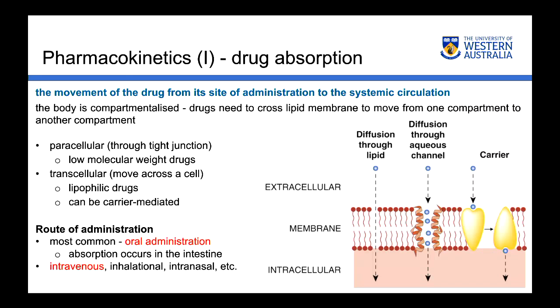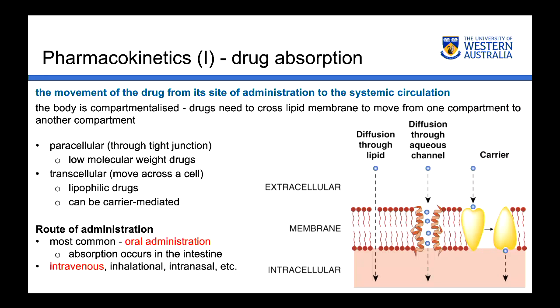Now you can see here how drugs may move across the lipid cell membrane depending on the physical chemical property of the drug. By the way, when I talk about these processes, I am focusing on small molecule drugs, not biologics, because they have a different set of rules, because they are large in molecular size.